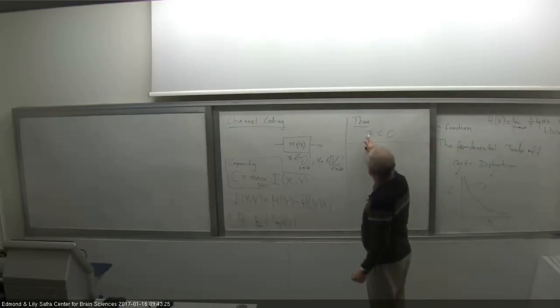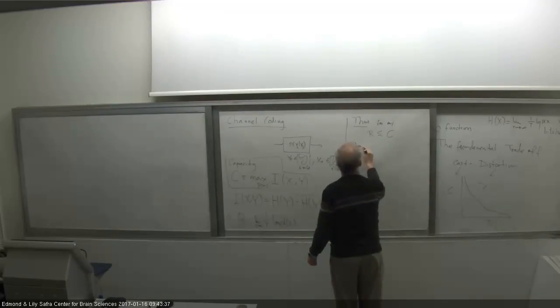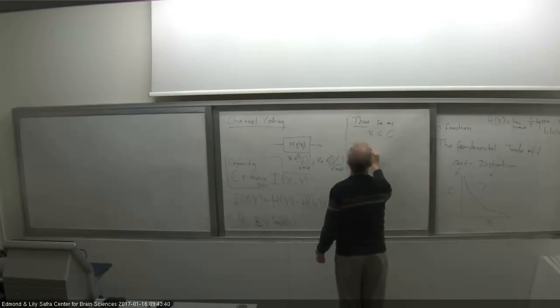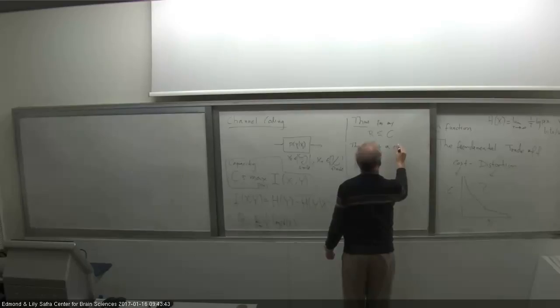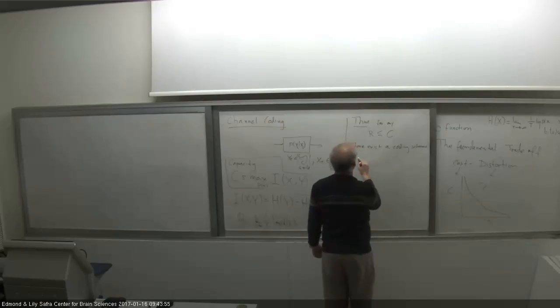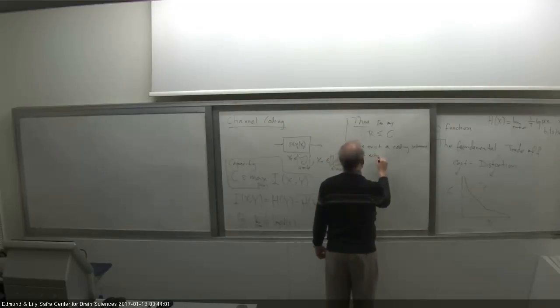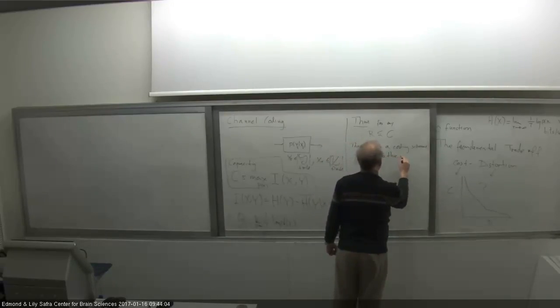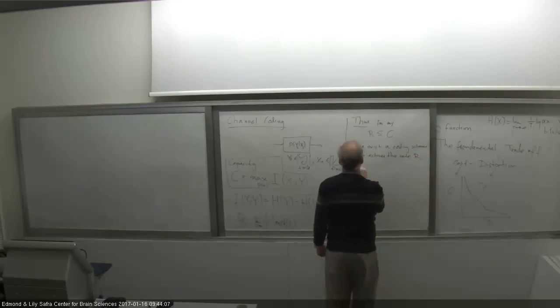And the channel, the maximum rate that you can achieve without errors: for any R less than C, there exists a coding scheme that achieves this rate, asymptotically.